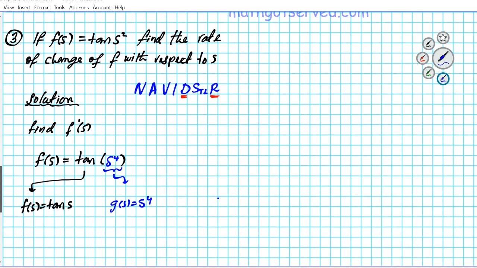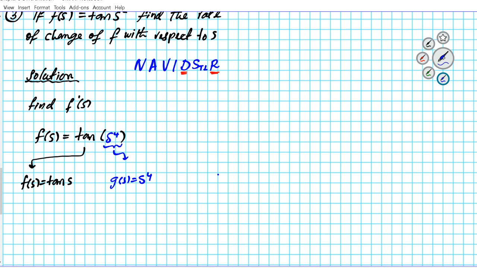Okay, so imagine as though x were s, same thing. Okay, so we'll differentiate both. The derivative of f with respect to s, the derivative of tan is secant square, so it's going to be secant square s. And then using the power rule, the derivative of s to the fourth is 4s to the third.